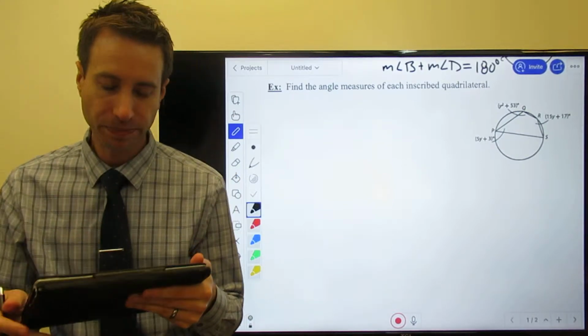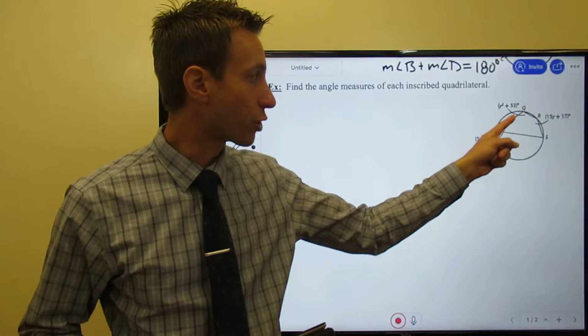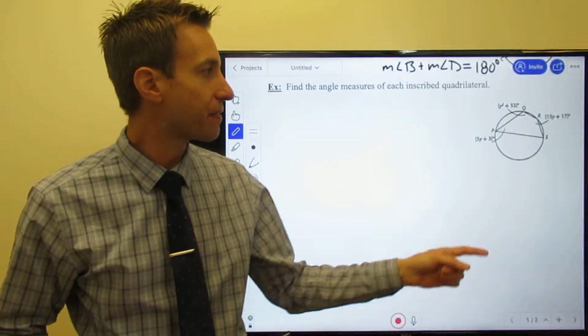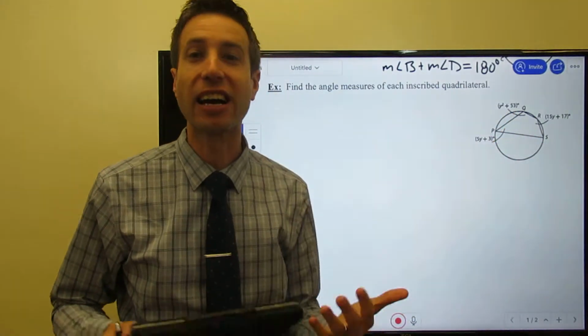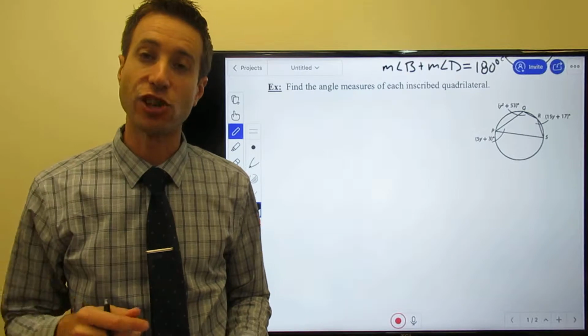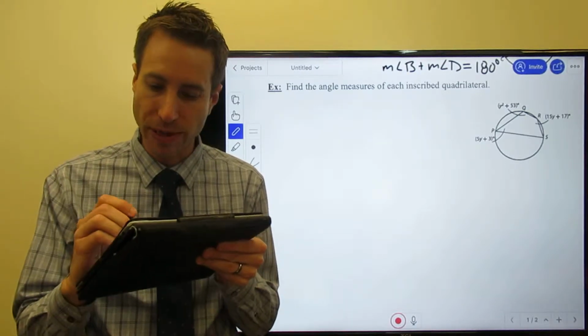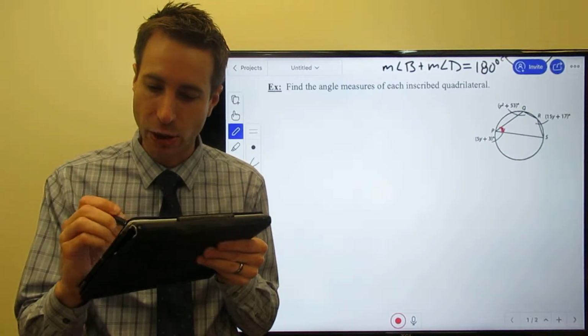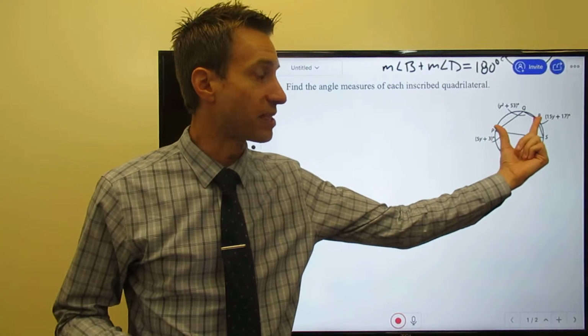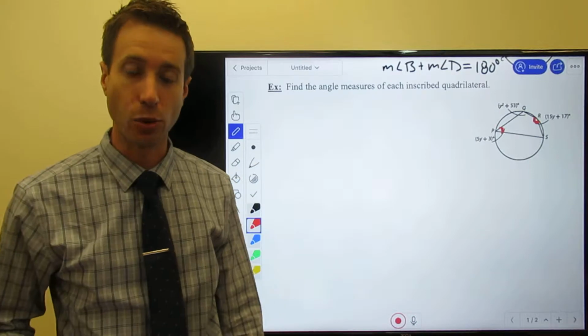So here we go. I have an inscribed quadrilateral. This is a four-sided figure, and I've given you some information about a couple of the angles. I need to find the ones that are opposite each other, and I know something about both of them. Please notice that I know something about angle P, and I know something about angle R. Since they're opposite angles, I know that they have to sum to 180 degrees.